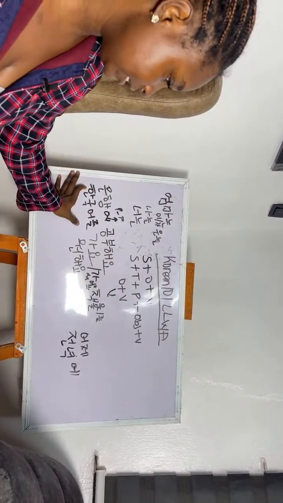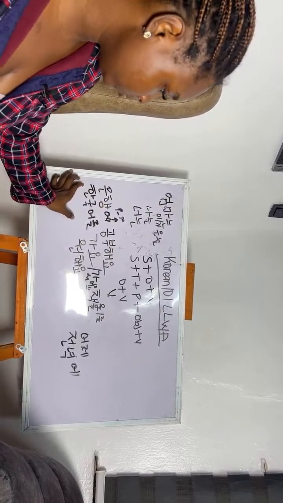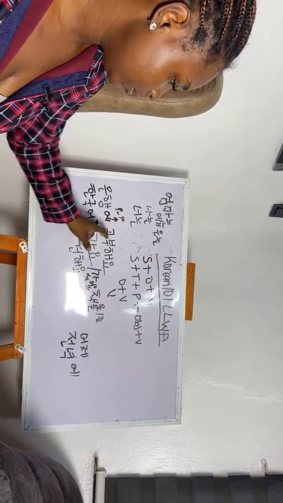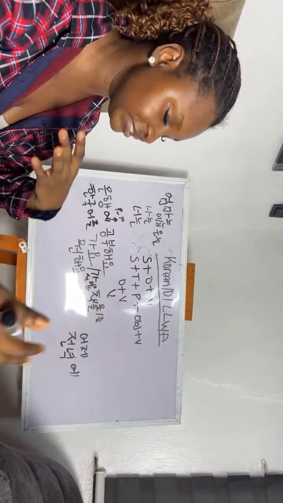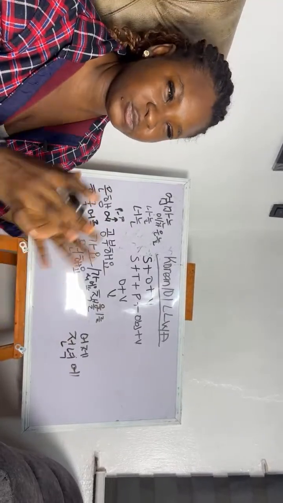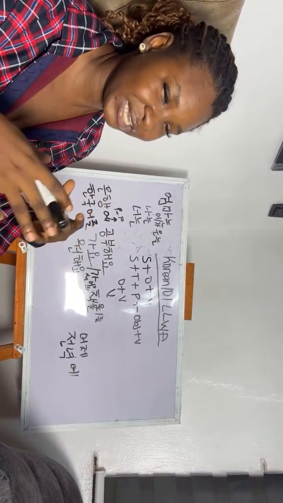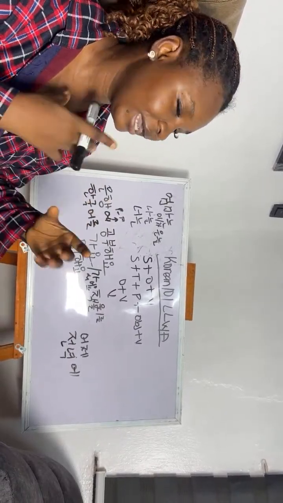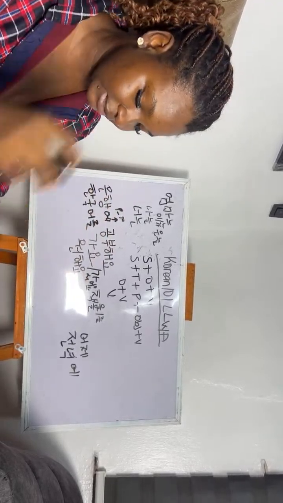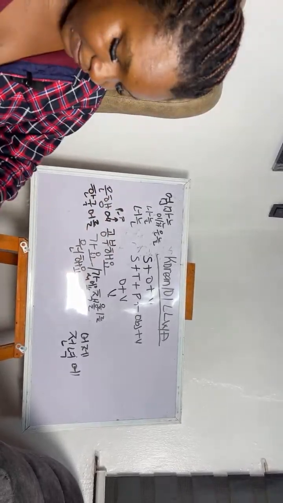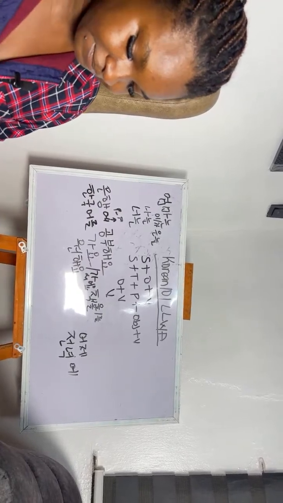The object of the sentence is the Korean language. 한국어를, verb 공부할 거예요, which is the 공부해요 verb in future tense. So mom will study Korean at dinner time, or mom will study Korean in the evening. However you want to translate that sentence in English, that is basically the translation of the sentence.